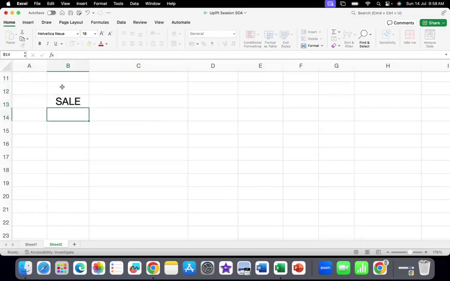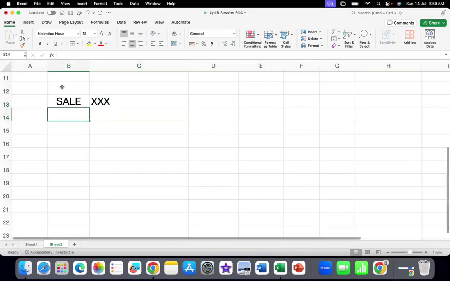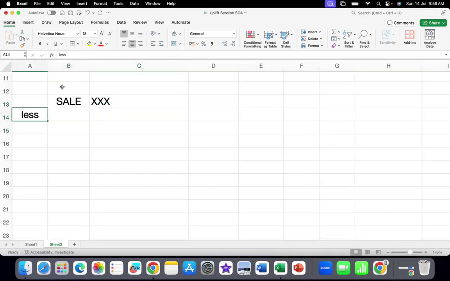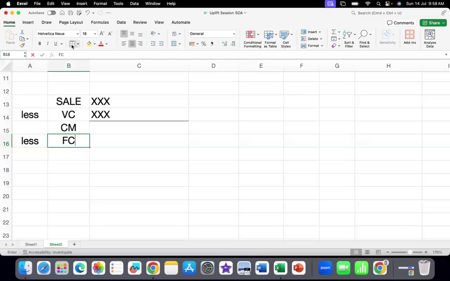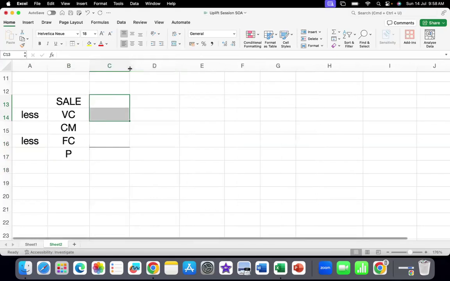It starts with sales, then you reduce the variable cost, then you get your contribution margin, you reduce your fixed cost, and what you get is your profit. This is a very basic statement which we require to do all the analysis.